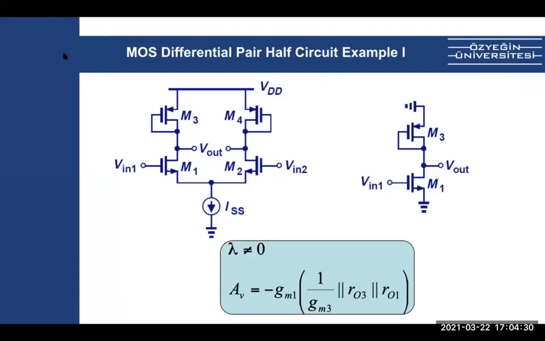For instance, this one is a circuit where the inputs are applied to Vin1 and Vin2, and these are transistor loads, right? Active loads. And active loads means when you connect gate to the drain, this becomes like a resistor, 1 over GM.